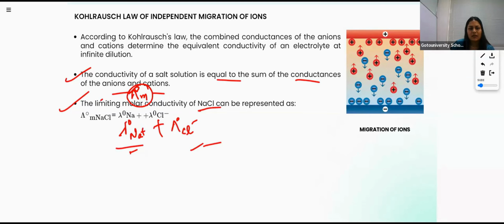Every cation and anion will have their specific conductivity, and molar conductivity can be presented according to Kohlrausch's law as they migrate independently. So for molar conductivity according to Kohlrausch's law, we can calculate their conductance separately, okay, by adding them. All right.